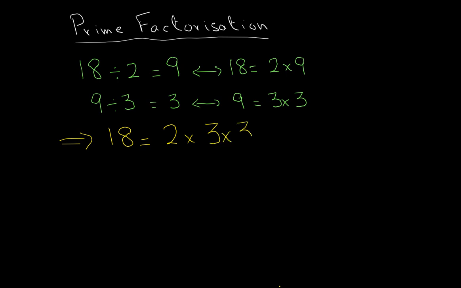So please note that this was 2 times 9, and 9 was written as 3 times 3. So it is 2 times 3 times 3. We can compactly write it in index notation as 2 times 3 squared. Okay. So that's called the prime factorization.